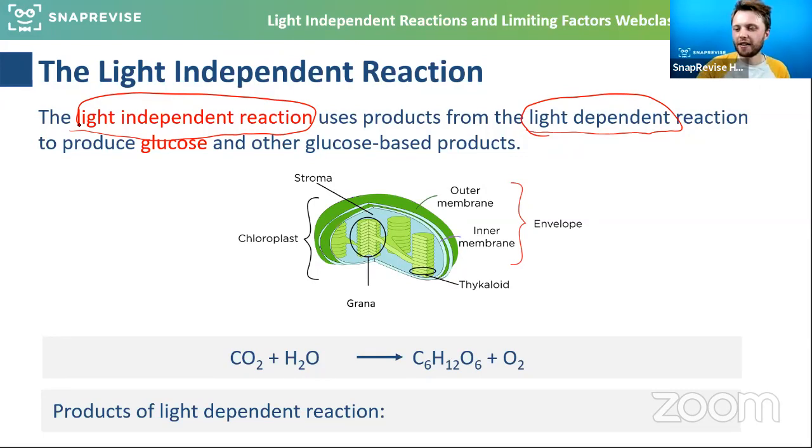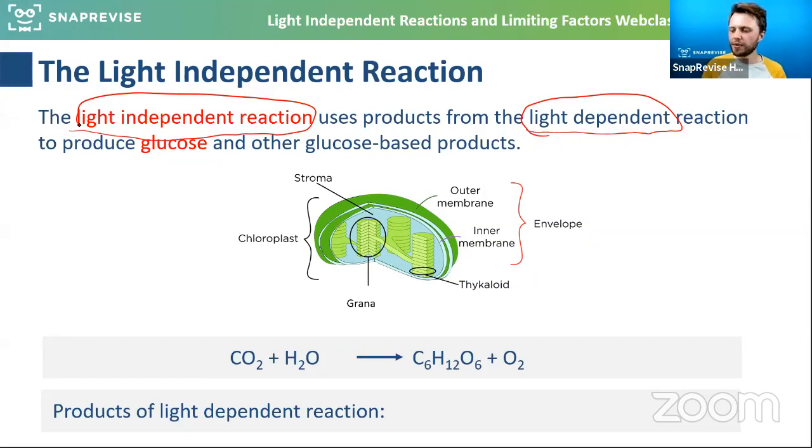So I think it's quite important that we realize that the light independent reaction is a little bit dependent on light, to be totally honest. It needs the products of light, otherwise it wouldn't really be happening. Hopefully that makes sense. It just seems a bit of a contradiction to me, but we'll carry on, we'll ignore that.